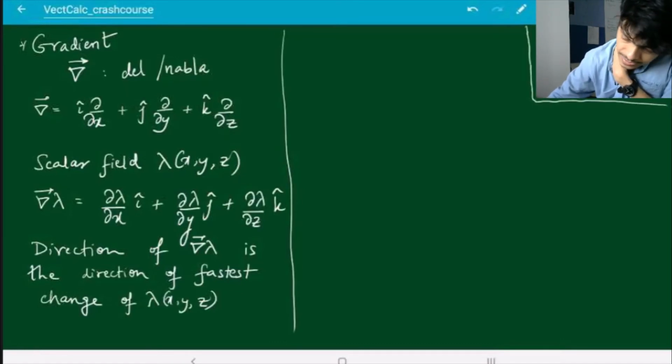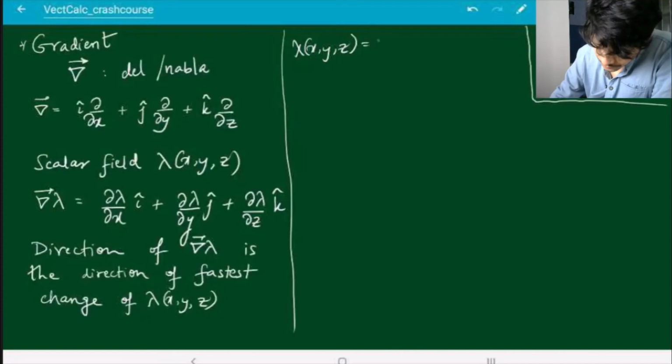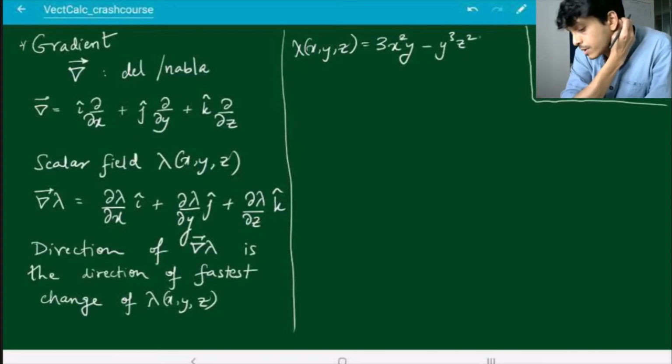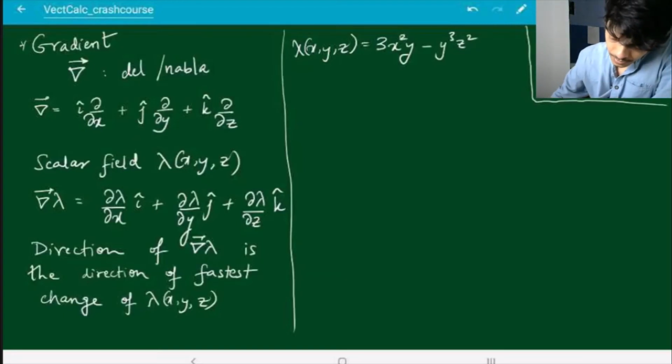So suppose I take a scalar field lambda, which is given by 3x square y minus y cube z square. Some scalar field as a function of x, y, z. So let's find out what is the gradient.